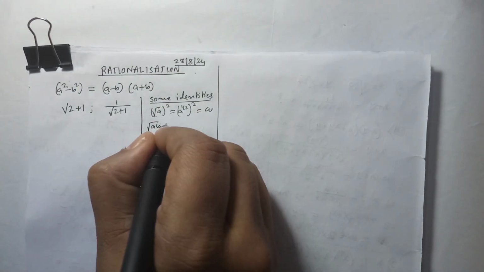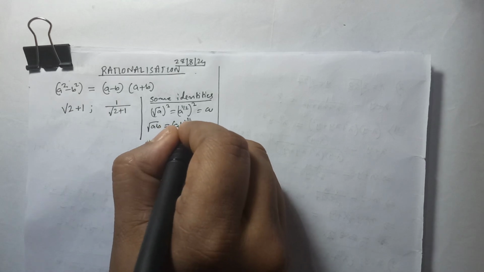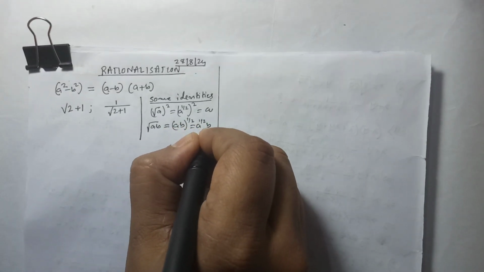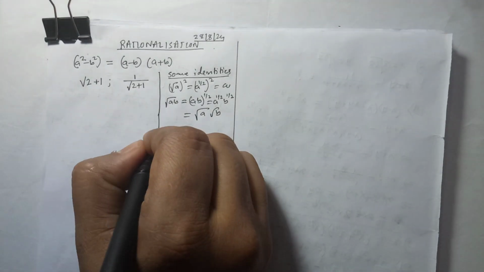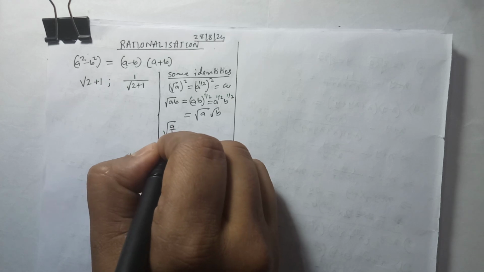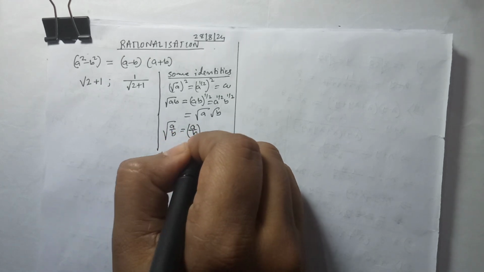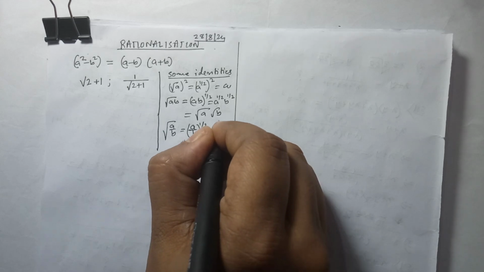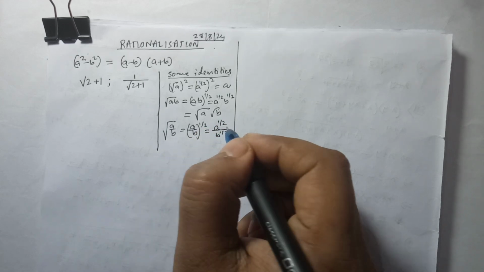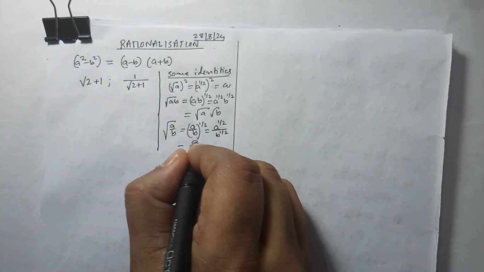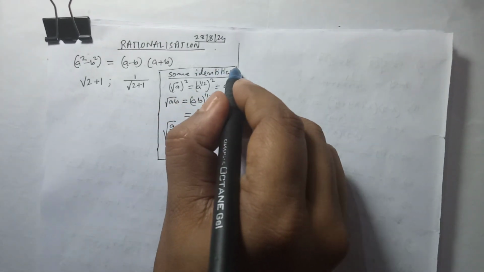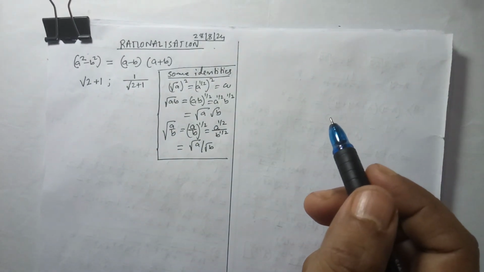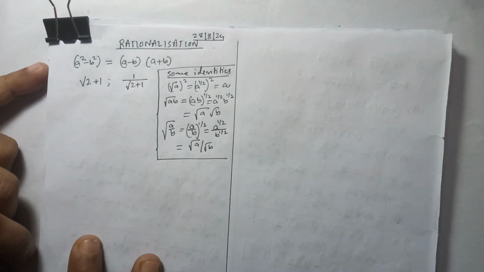Root over ab is ab to the power of half, so it is a to the power of half into b to the power of half, meaning root a into root b. Next, root over a by b is a by b to the power of half, which is a to the power of half by b to the power of half, or root a by root b. These three things we need in our simplification of rationalizations.